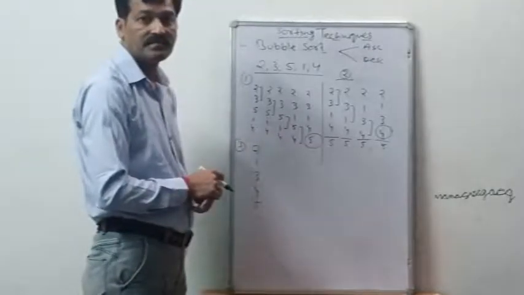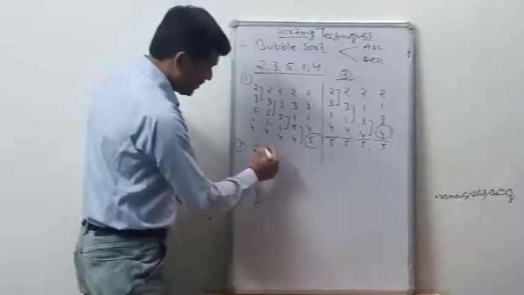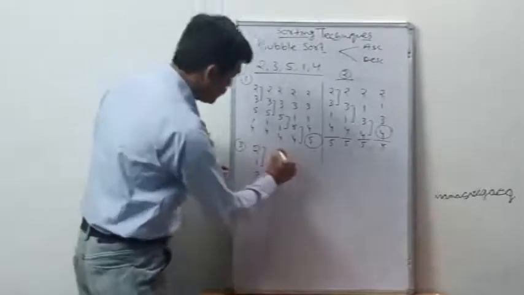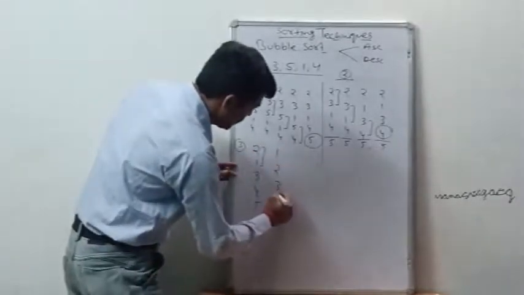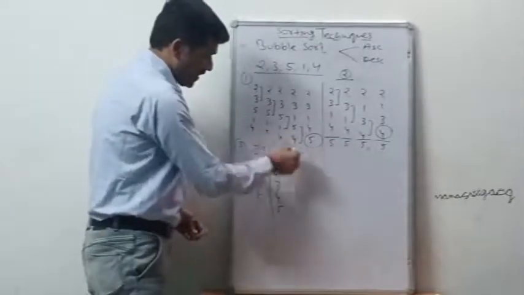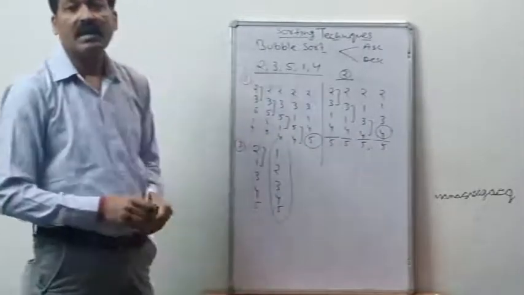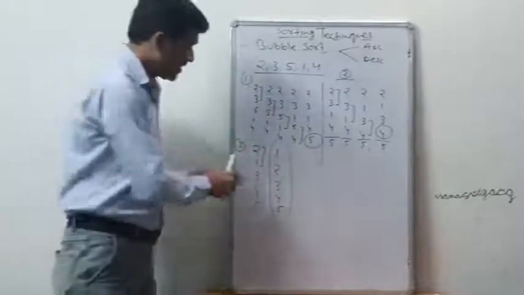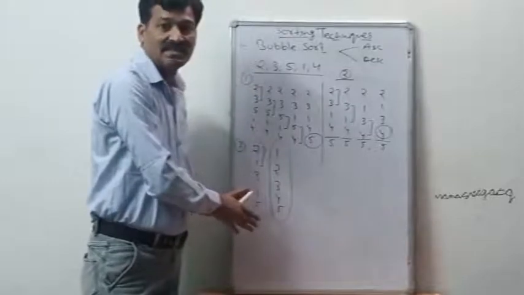In this rotation, the same process will be applied. 2 is greater than 1. Yes, the condition is true: 1, 2, 3, 4, 5. Look at the list. The list is placed in ascending order by using the swapping technique. But the rotations are not completed yet.